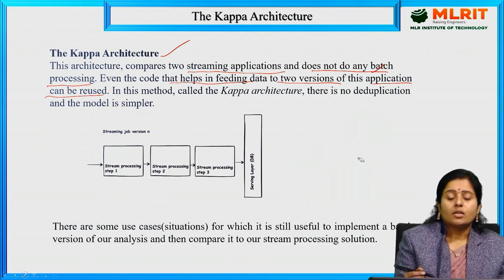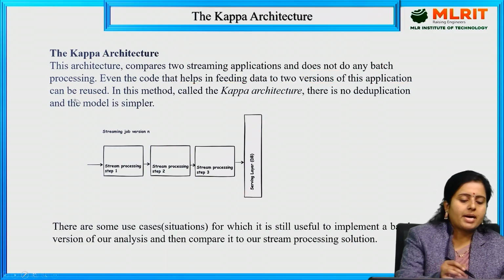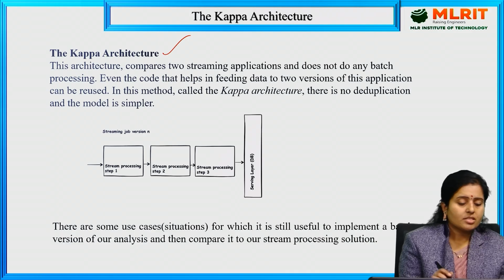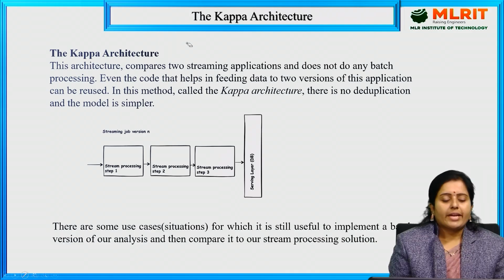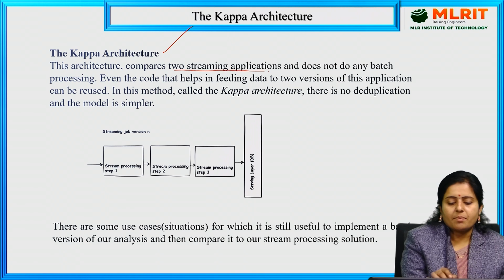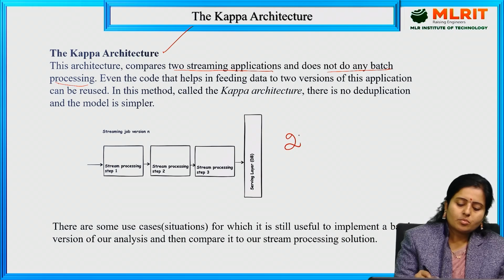Now we'll discuss the Kappa architecture, as part of the second streaming reference architecture. This architecture comprises two streaming applications and does not have any batch processing. Here in Kappa architecture, both versions follow stream architecture only.